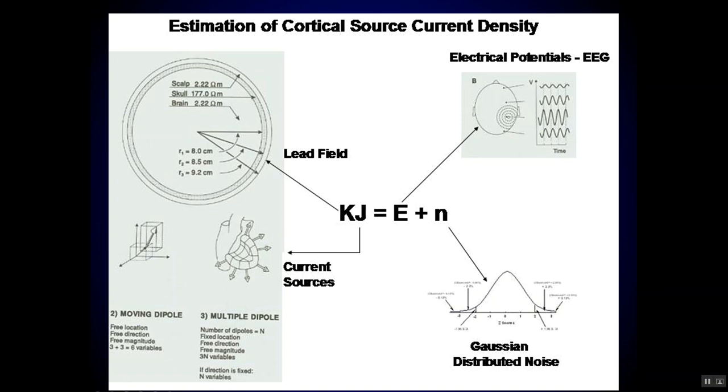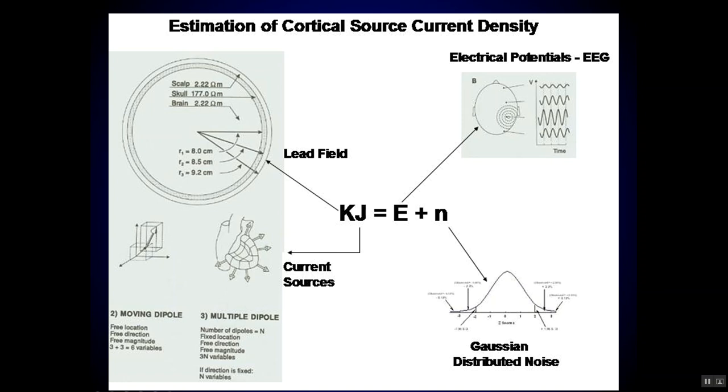That was used primarily by Clerk Maxwell in 1864 with his treatise on electricity and magnetism, and then von Helmholtz in the 1870s, who developed this concept of the lead field, in which you had the forward solution predicting the magnitude of the electric potential. But von Helmholtz went further and developed the inverse solution, which is over here.